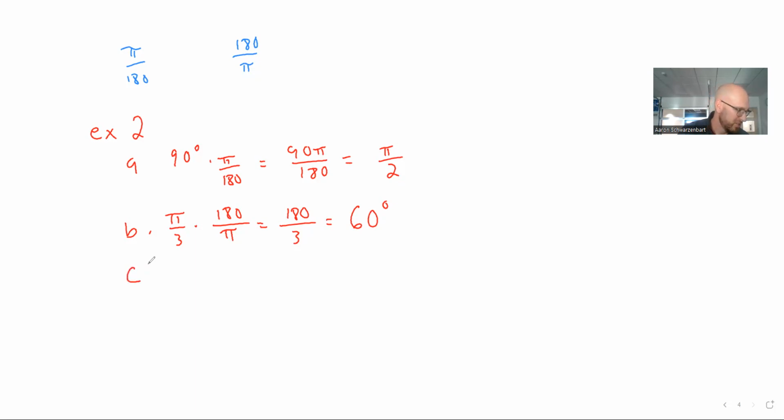Find the length of an arc intercepted by a central angle of 1/2 radian in a circle of radius 5. Well, I know radian measure is equal to arc length, which is what I asked for, divided by radius.